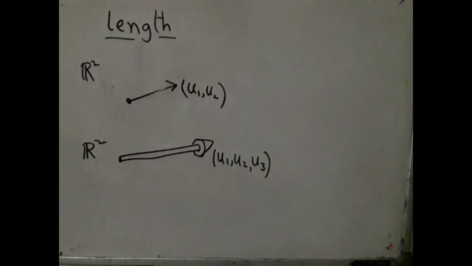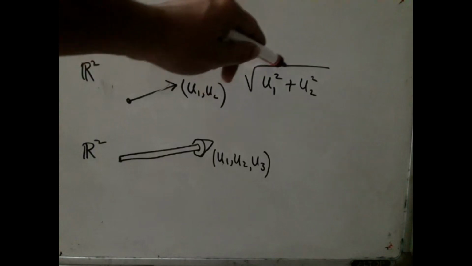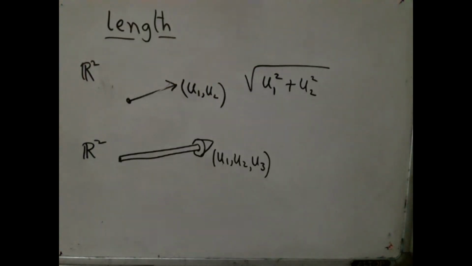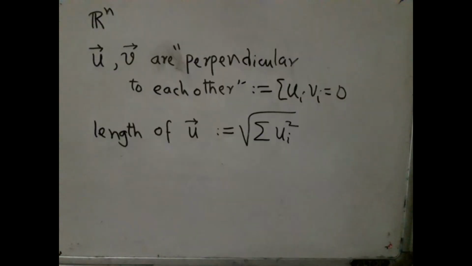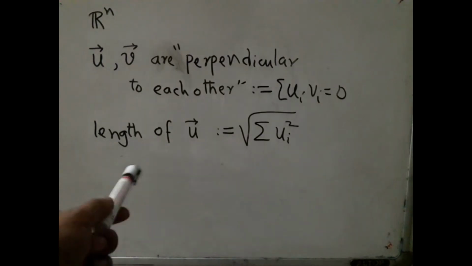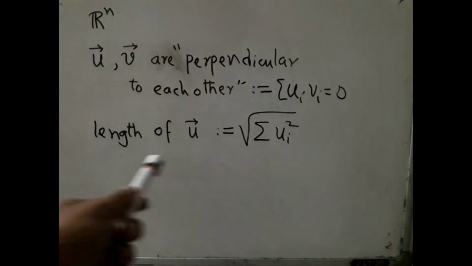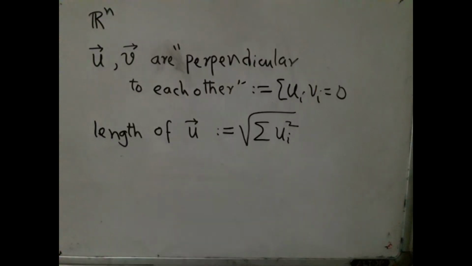In that case, the length of this will be square root of u1 square plus u2 square, and similarly the length in this case, by mistake I wrote R2, will be square root of u1 square plus u2 square plus u3 square. We can again generalize this in a brainless way to Rn. If I have any vector u1 to un in Rn, then I can define its length as summation of ui squared and then square root over that.